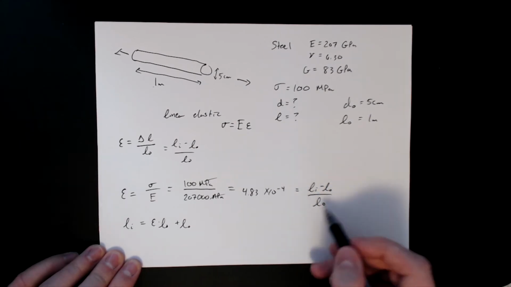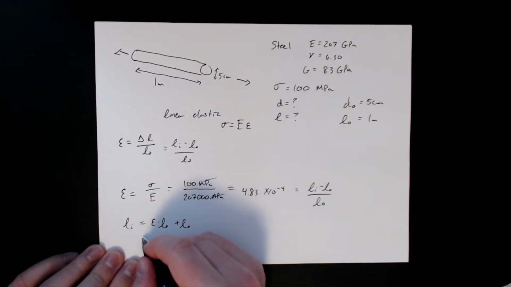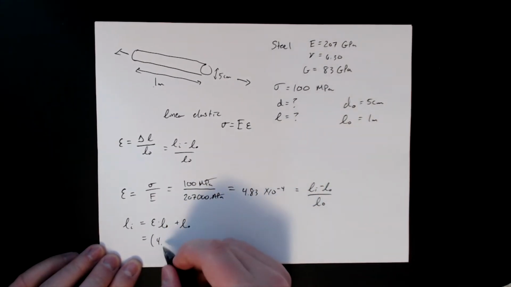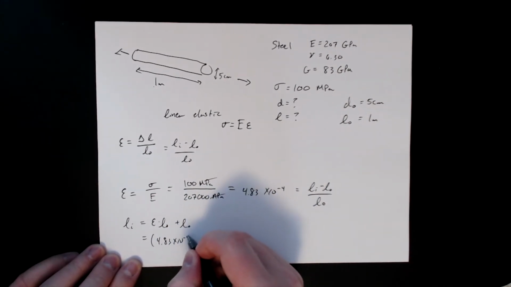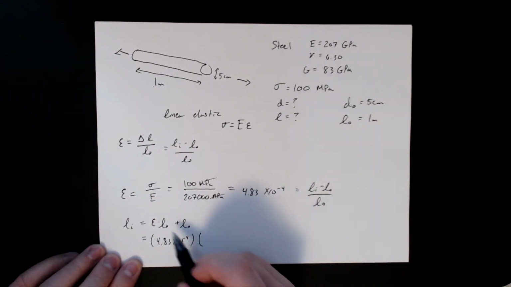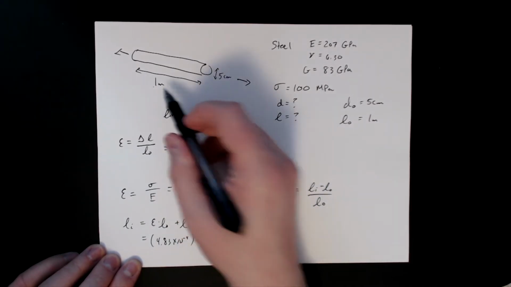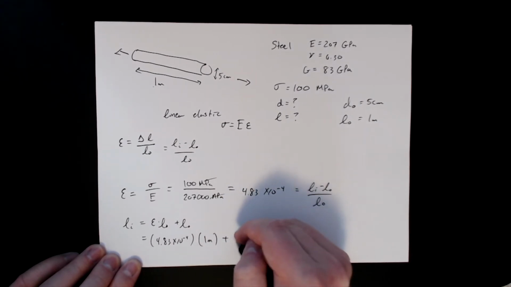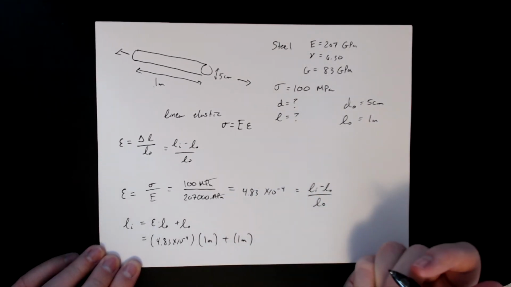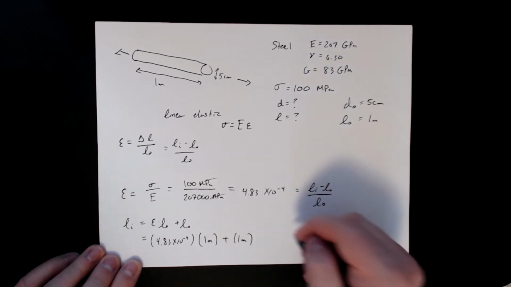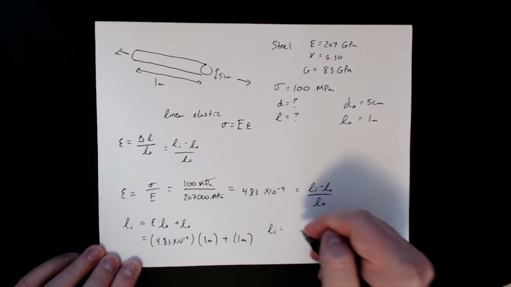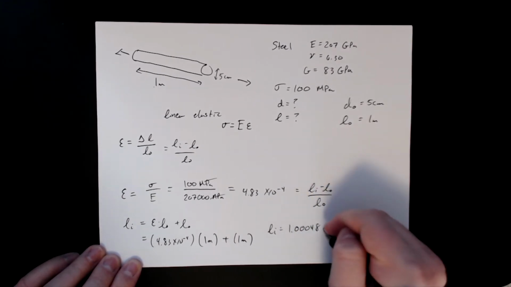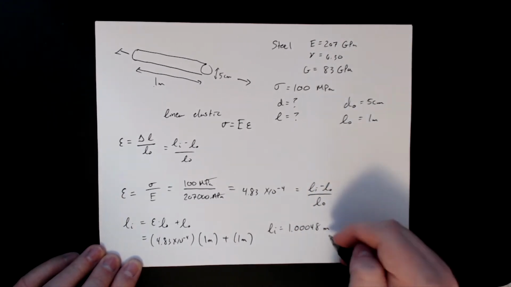So just rearranging this expression, that would be the 4.83 times 10 to the minus 4 times the original length of 1 meter plus the 1 meter. And so if we do that, the instantaneous length is 1.00048 millimeters. Or sorry, meters.